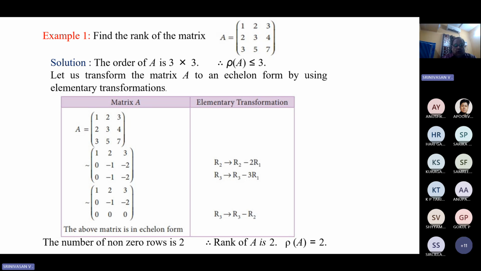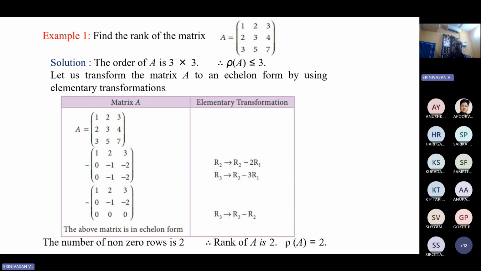That means you are subtracting the second row elements from the third row. Isn't it? So your new R3 is the existing R3 minus the existing R2. That is 0 minus 0, 0. Minus 1 minus of minus 1, minus 1 plus 1, 0. Minus 2 minus of minus 2, minus 2 plus 2, 0.